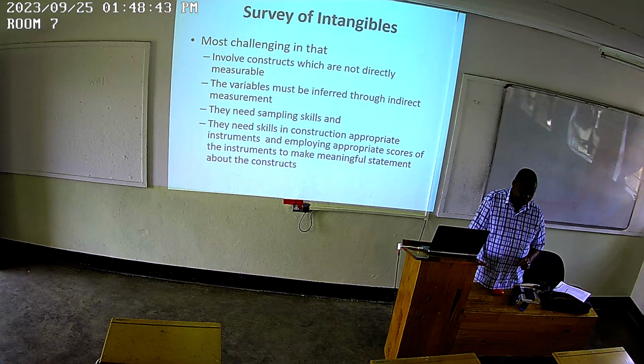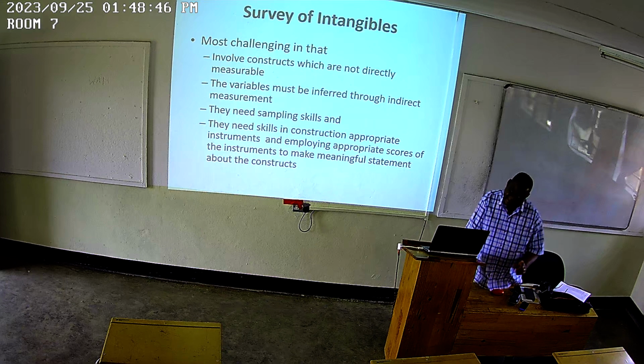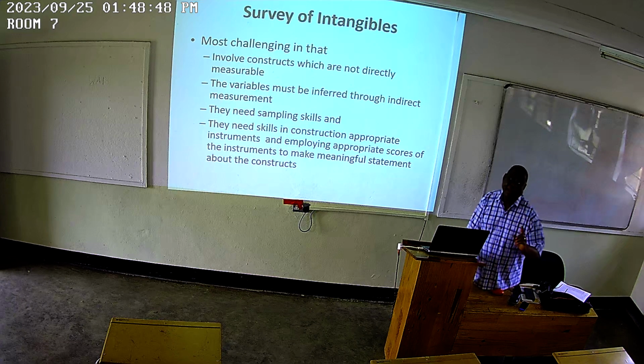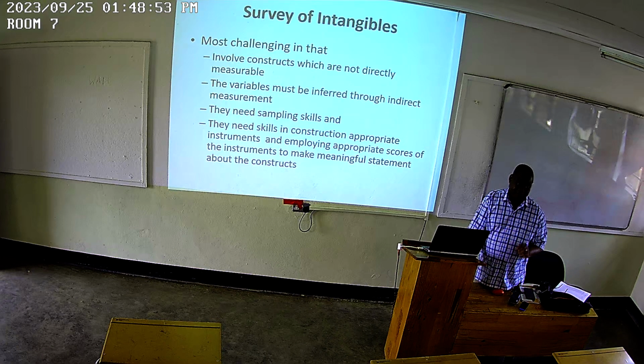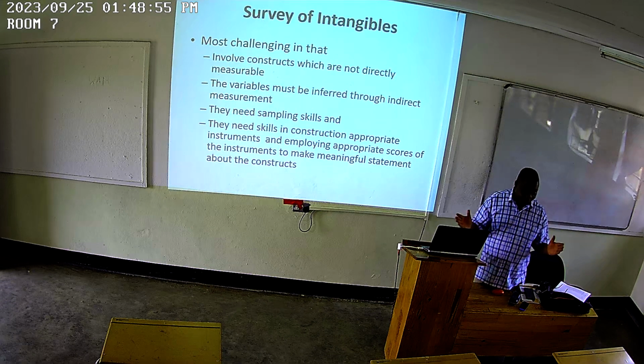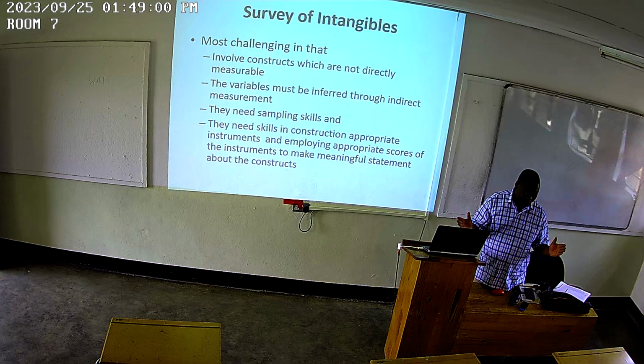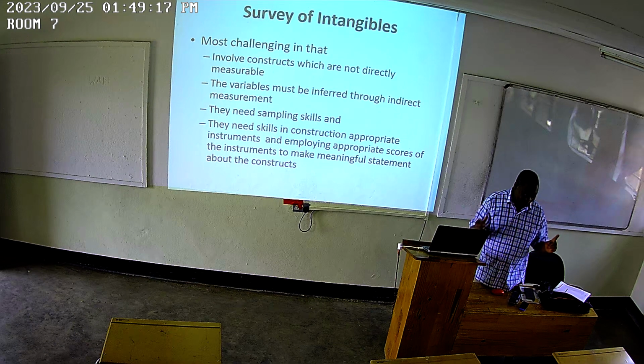After 2 or 3 days, take the same questionnaire to the same people. Let them respond and bring back the two sets of responses and see whether they are the same responses or there are changes. Because if there are changes, then reliability is the problem. If there are no changes, it means the instrument is reliable. It is consistent in measuring what it is supposed to measure.